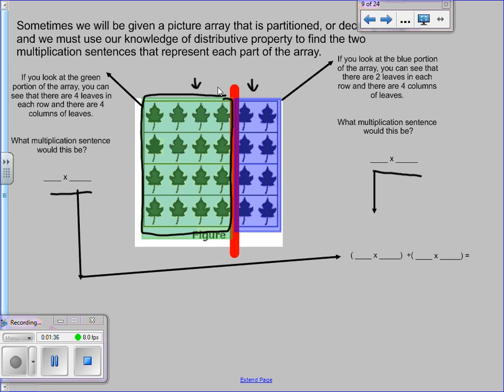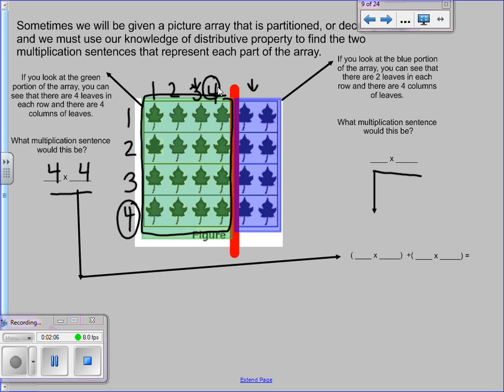So as you can see on the green portion, there are 4 rows of leaves, and there are 1, 2, 3, 4 leaves in each row. So we know from our strategy of making an array to form multiplication problems that you take the total number of rows and the total number of columns to create your multiplication fact. So this green portion of the array shows me 4 times 4.